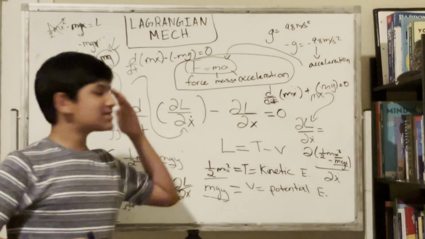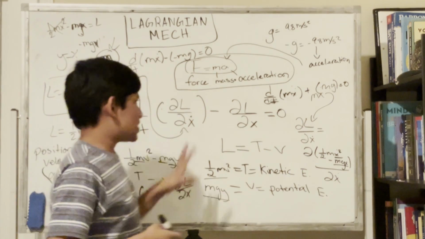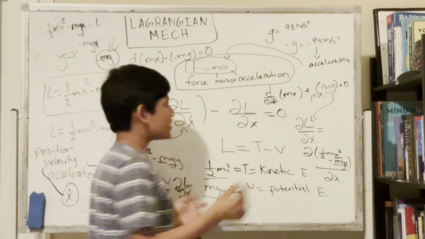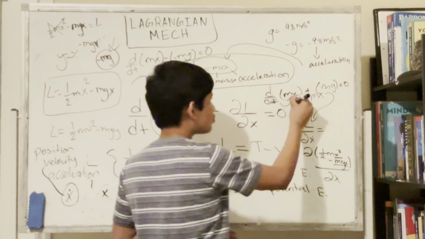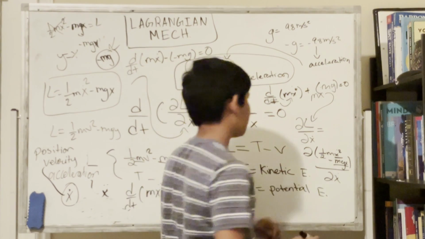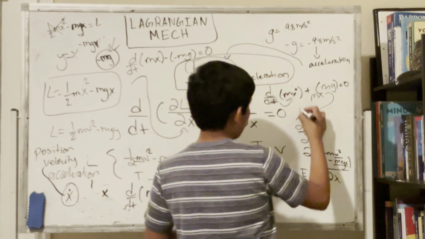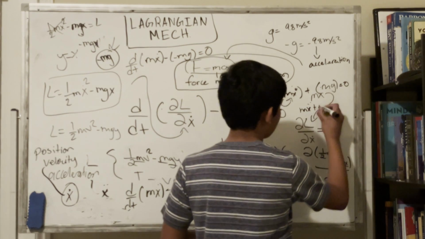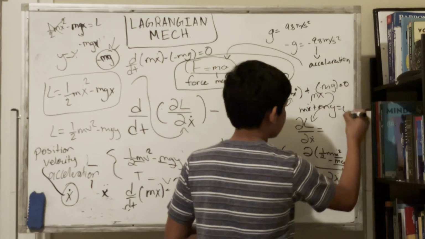Now that we have this simple equation that doesn't have all those complicated terms, we just have to take the derivative. When we take the derivative, this x dot will become x double dot. So we're going to have m x double dot plus mg equal to 0.